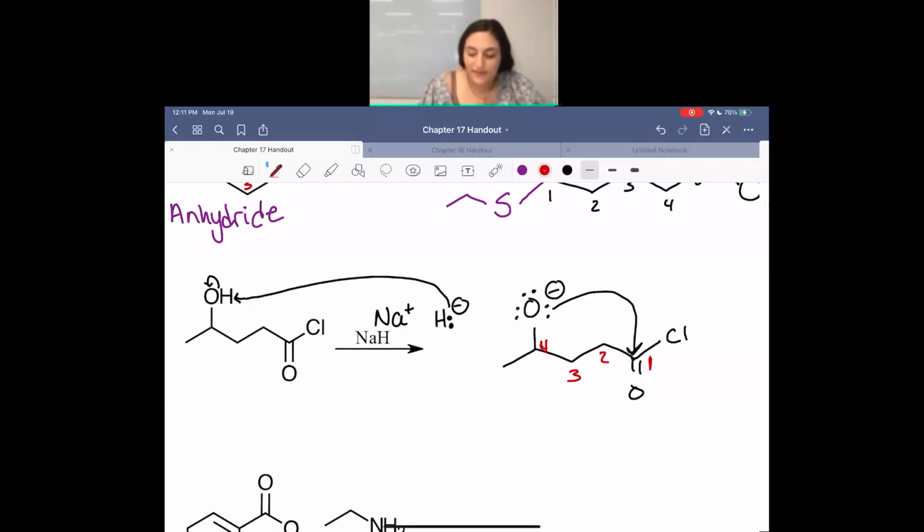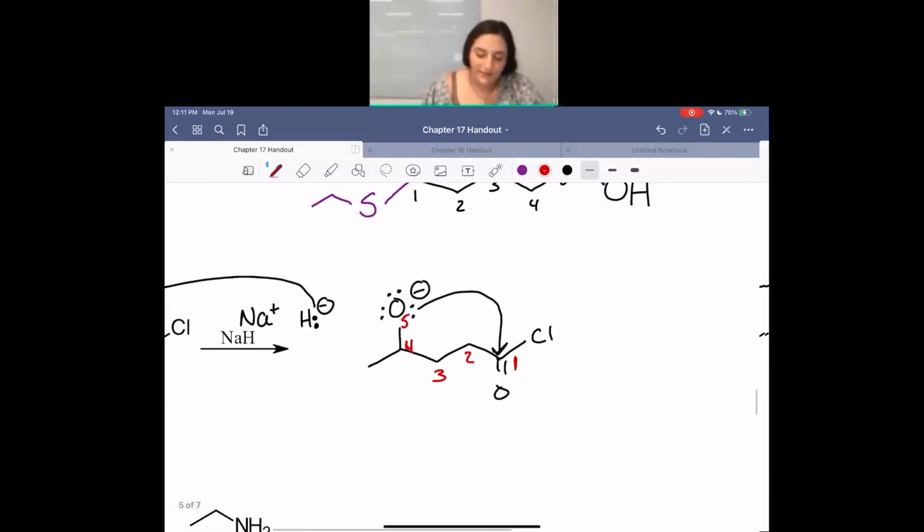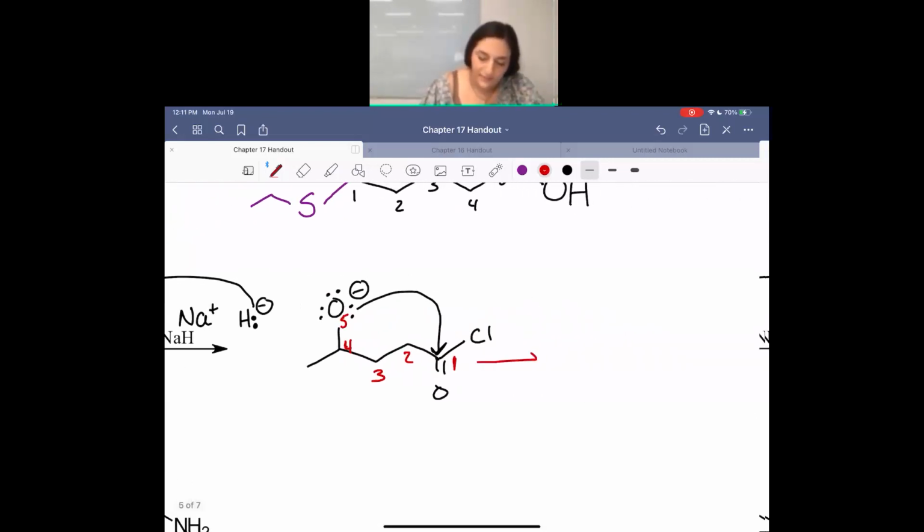Because it's directly attacking the carbonyl carbon. So I'm going to count it. All right, so we're making a 5-membered ring. I always like to put the oxygen in that corner. It's really up to you. So we get 1, 2, 3, 4, 5.